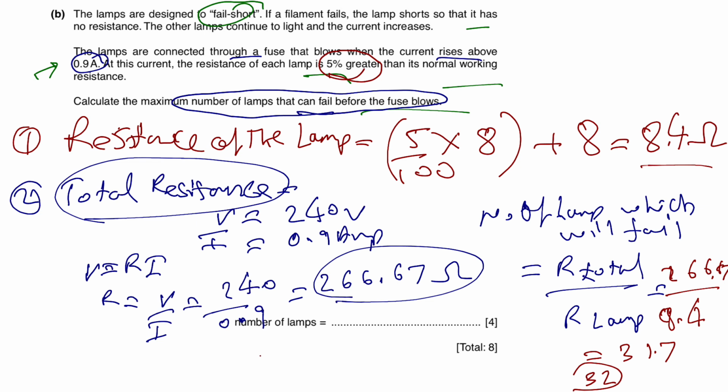So the maximum number of lamps that can fail before the fuse is blown is 32. In this way we can solve this question.